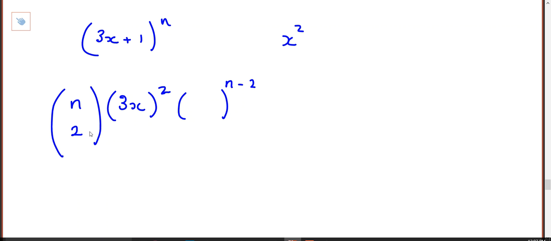You know, when your understanding's there, but you can see where it came from. I just went, well, if I want x squared, I know there's no power on the x inside the brackets, so I know that has to be a 2. Therefore this is whatever n is minus the 2, because they have to add together. And then because that's a 1, it doesn't need to be considered.